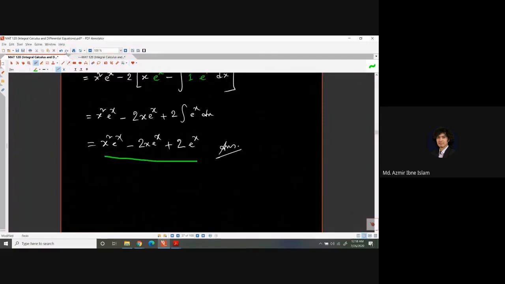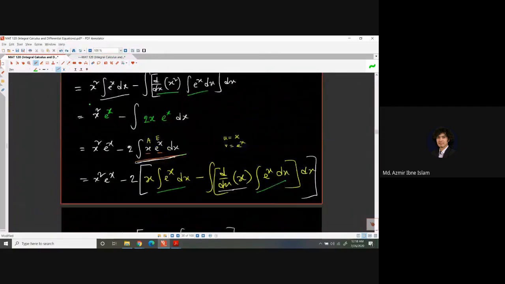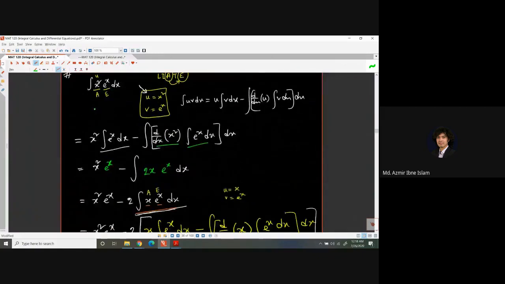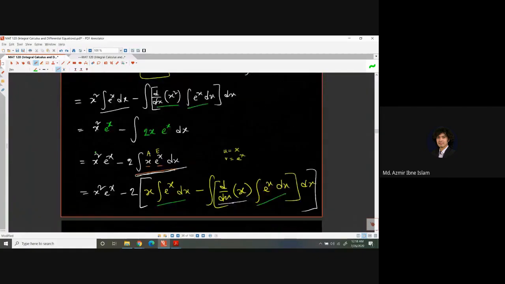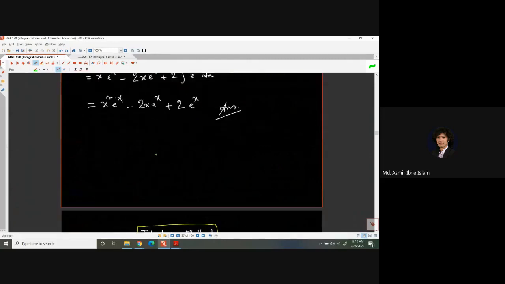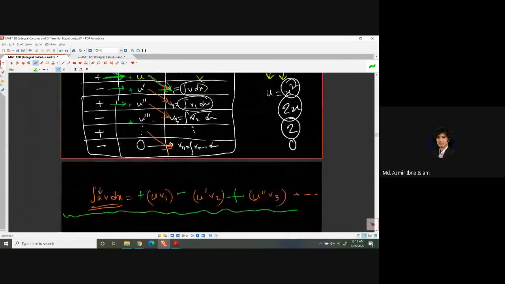So let's try to solve this problem by using tabular method, then you will understand what I am trying to say. So the integration that we have here, integration of x squared e to the power x dx.